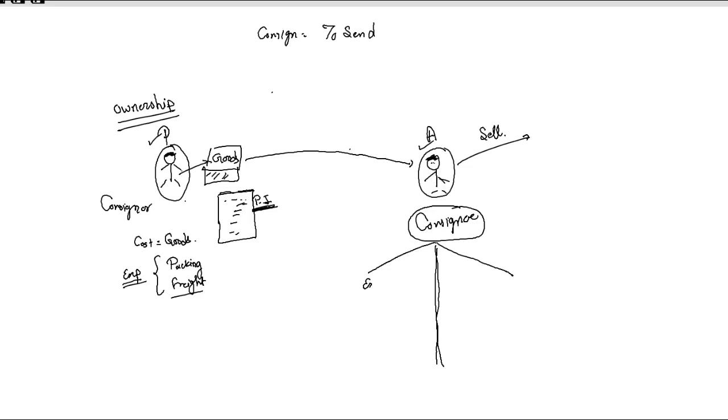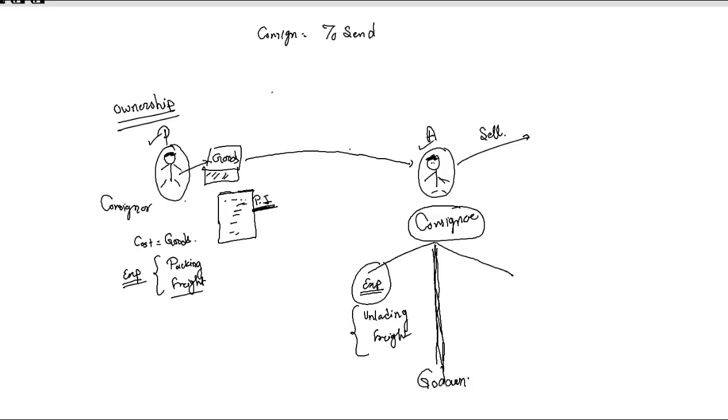The first type of expenditure is incurred by the consignee before the goods reach the godown of the consignee. For example, unloading of goods, sometimes if he pays the freight also. So all these are expenditure of type 1.